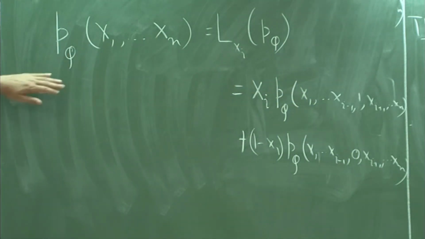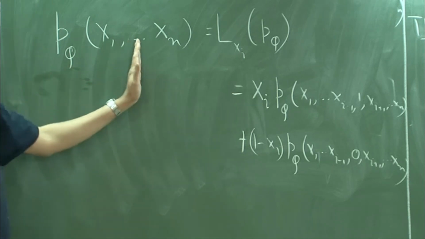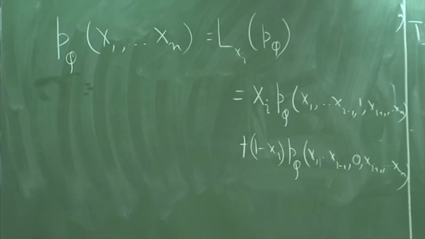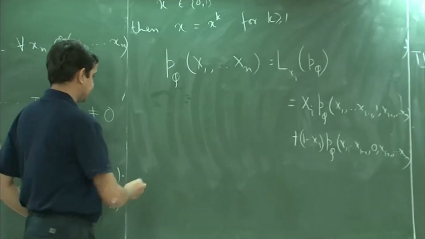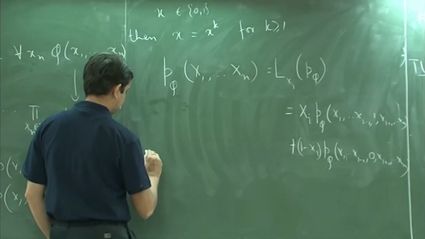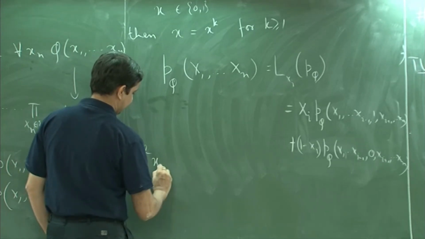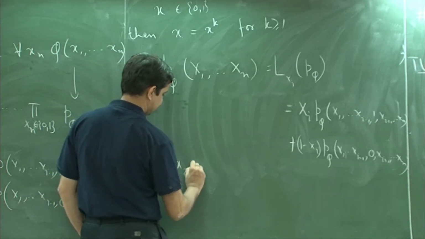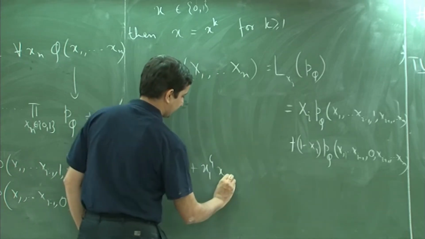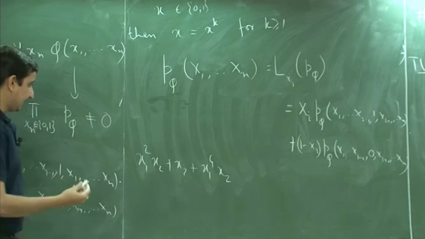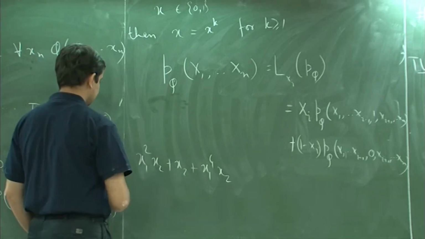So, suppose we have some polynomial in which the variable xi has degree greater than 1. Suppose it has degree 2. Let us take a small example. Suppose we take the polynomial x1 squared x2 plus x2 plus, let us say, x1 to the power 4 x2, and we apply this operator on this polynomial.